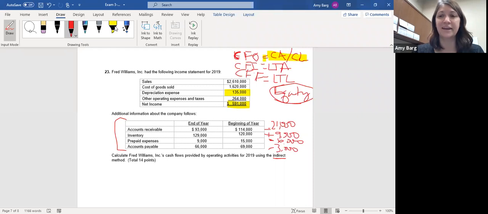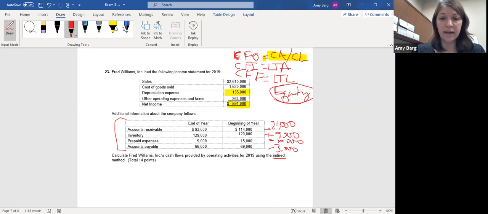They owe you money, but they didn't give you money. So when our accounts receivable goes down, it started at 114 and it went down to 93, that means that people actually gave us money that they owed, so we actually collected money there.